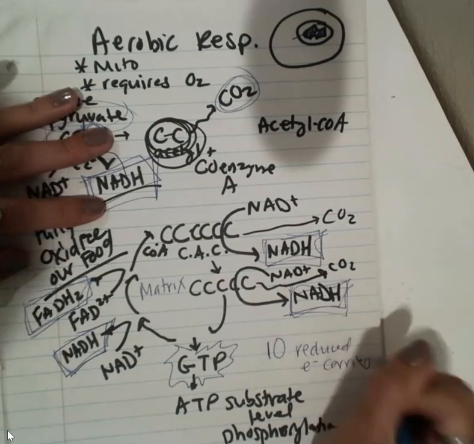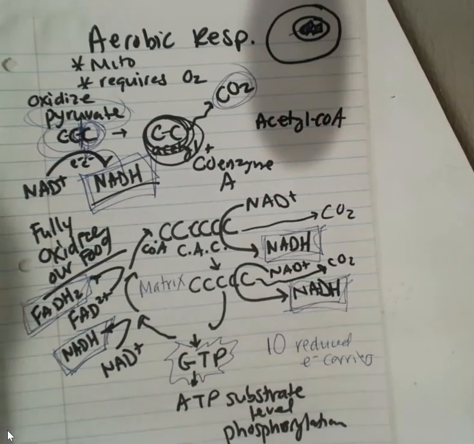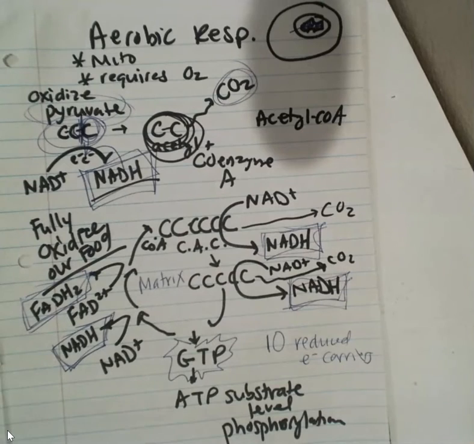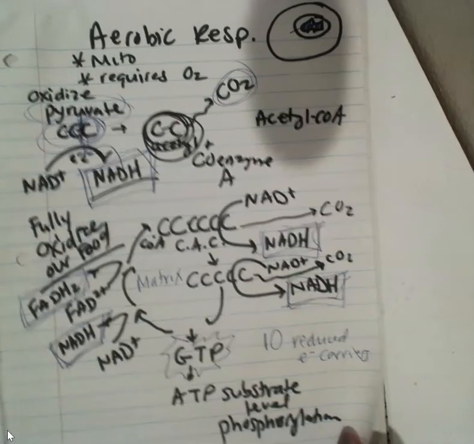You don't have to remember that, but that's a lot, right? And if we go back even further to glycolysis, we had 2 here. So basically, from one molecule of glucose, we end up with 12 electron carriers.